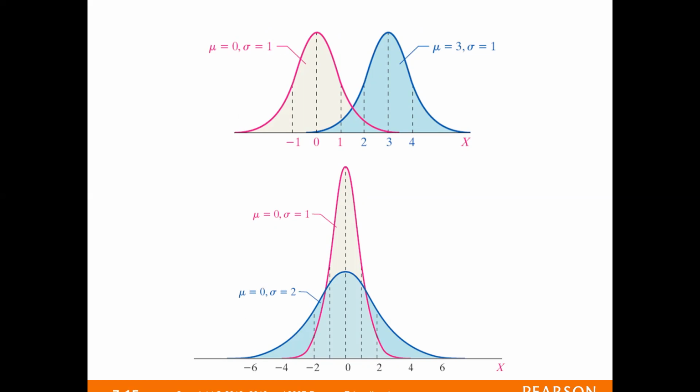So the one with a standard deviation of 1 is a skinnier curve than the one with a standard deviation of 2. What we're trying to illustrate is that the mean affects where the center of the graph is going to be. The standard deviation will affect the shape of the graph: how wide will it be, or how skinny, and how tall will it be?